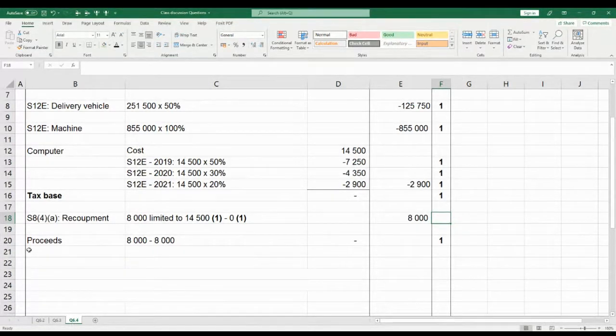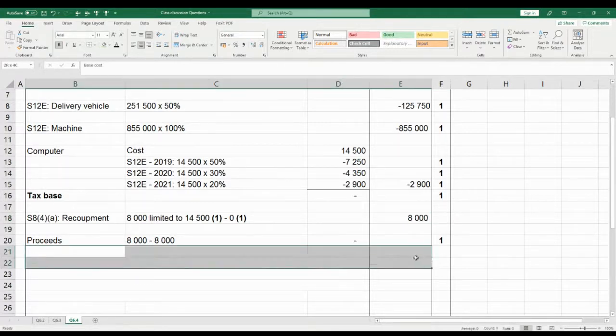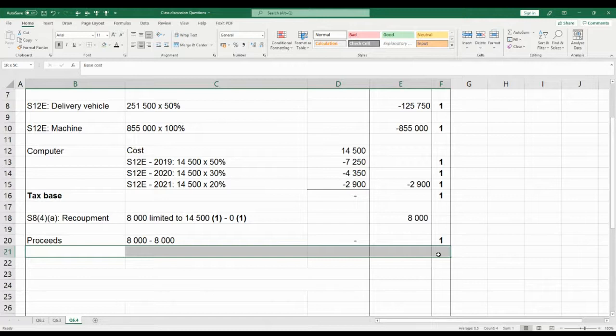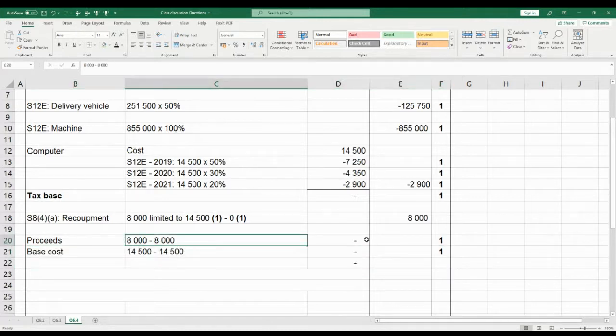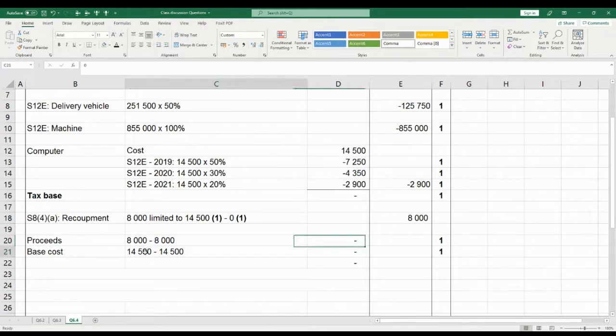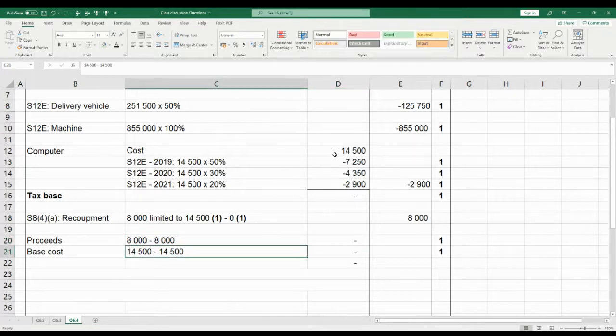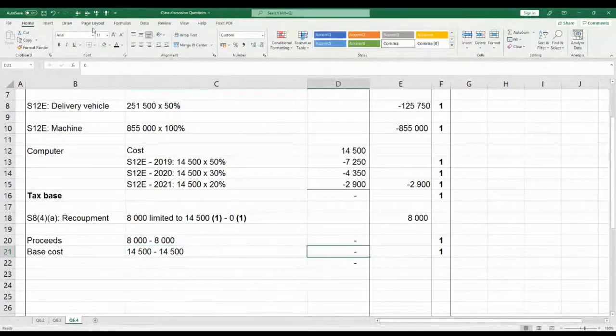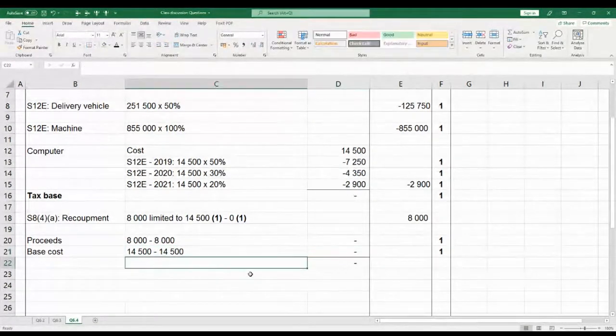But then we also have to work out, is there any capital gains tax? Now, because the proceeds is 8,000, we've recovered 8,000 through the recoupment. Our proceeds would be 0. Our base cost was the 14,500, which would also have been part of the recoupment, which means there is no capital gains tax for this item.